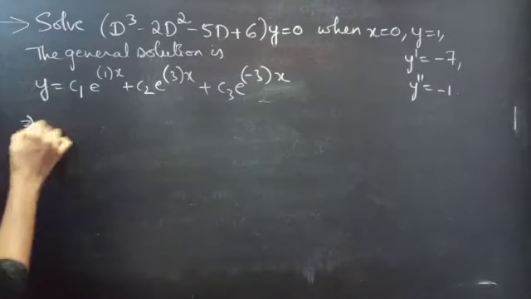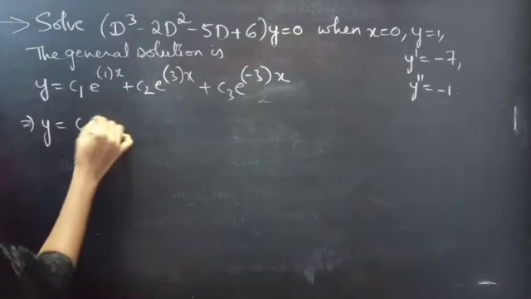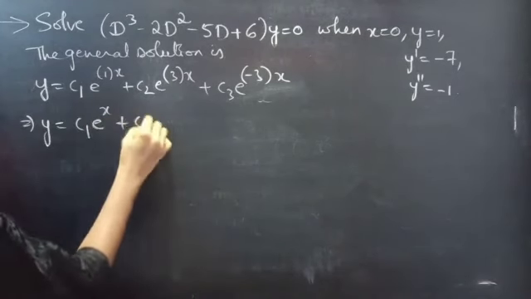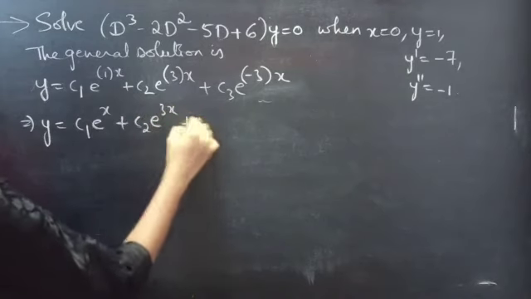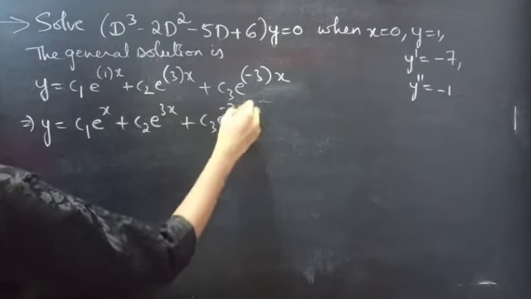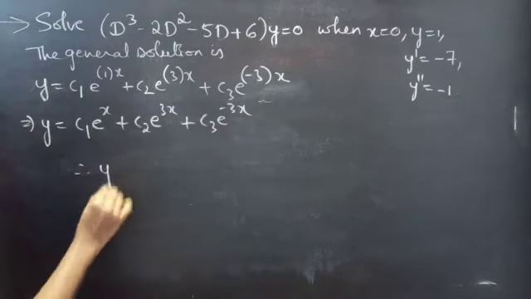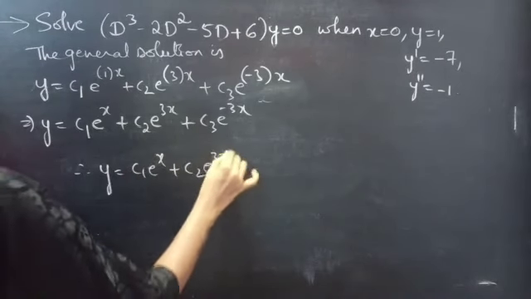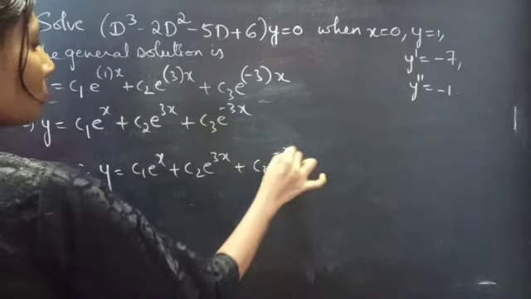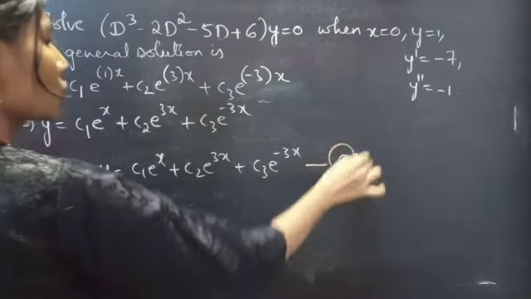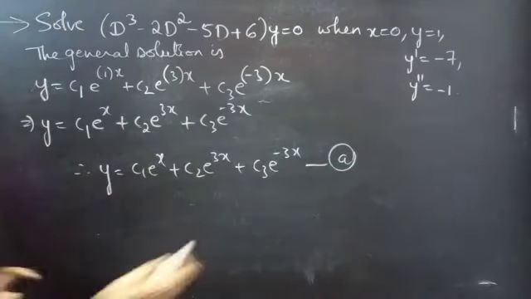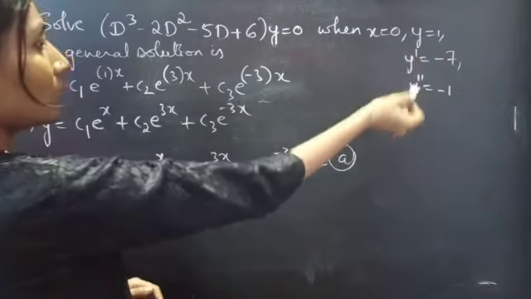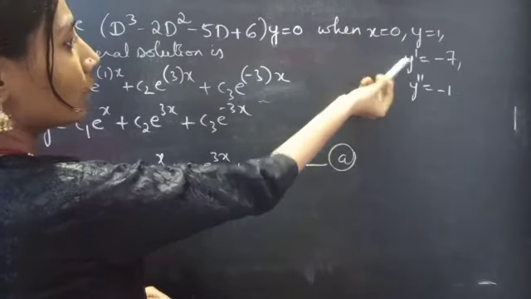From this you'll get y equals to c1 e power x plus c2 e power 3x plus c3 e power minus 3x, right? Consider it as equation number A. Now we are given conditions, so we'll find y dash and y double dash.